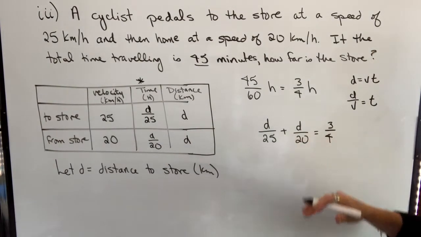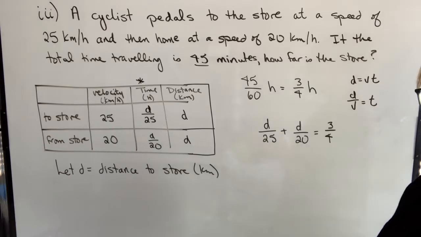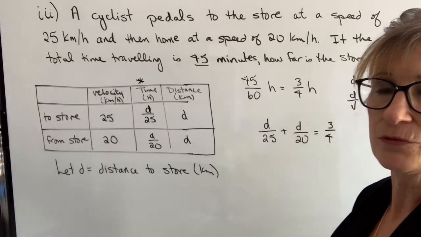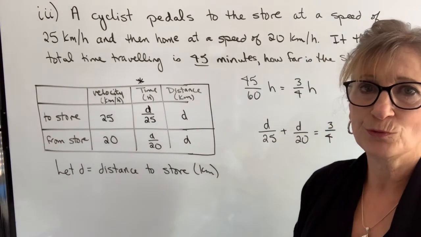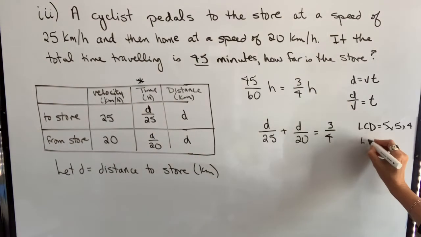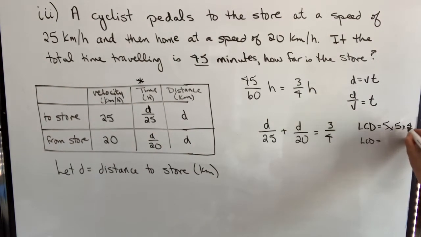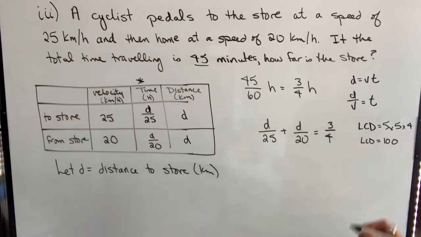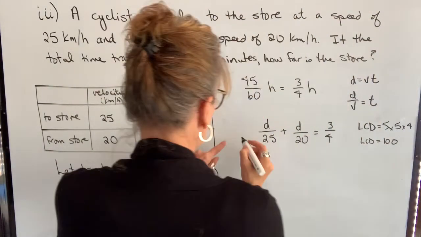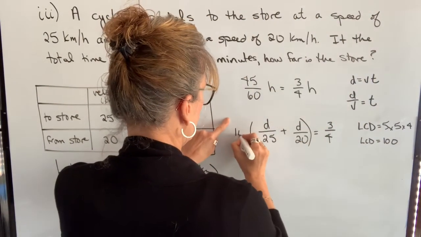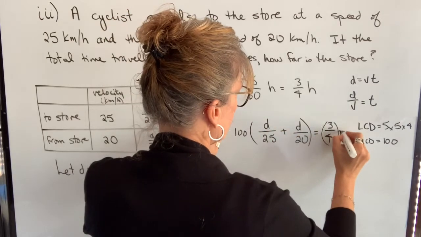I have a fractional equation. We learned previously that in order to solve a fractional equation, we multiply through by our lowest common denominator. My lowest common denominator, 5 times 5 times 4, will be 100. So I'm going to multiply this side of the equation by 100, and I'm going to multiply this side too.